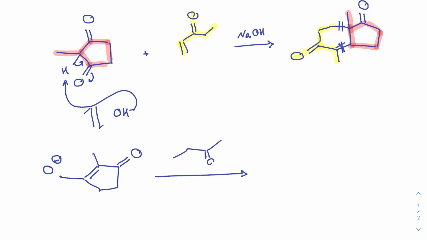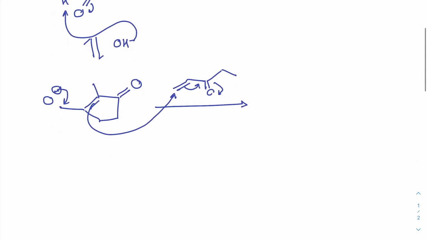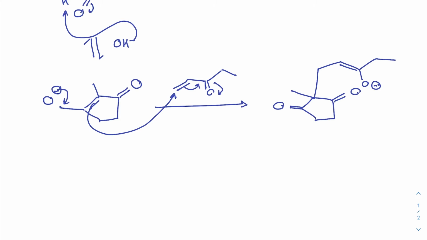So let's see. We have an alpha-beta unsaturated carbonyl right here, so it can attack the beta carbon, lead to an enolate, and that is going to look like this. So we have our diketone, and then that is going to get connected to our alpha-beta unsaturated carbonyl compound like this.